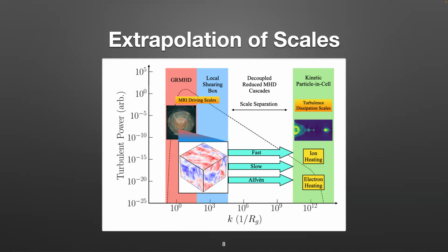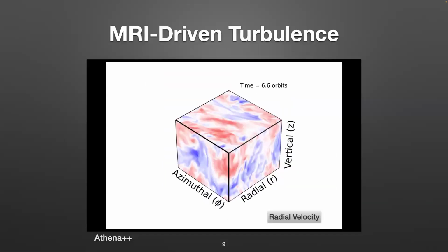One big advantage is that you can adjust the scale of the box as necessary, keeping in mind the scales of interest in the global simulation. And we can resolve the properties of the turbulence very well in a local shearing box. We can literally zoom in, right? So in local shearing box simulations, what is the normal mode decomposition? That is the question.